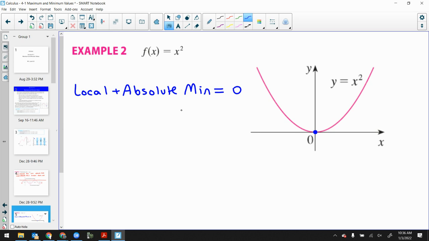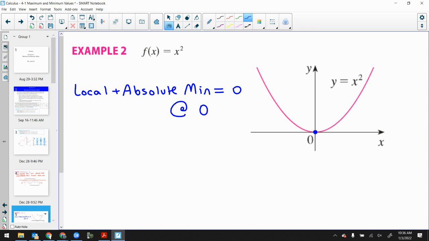And where does it occur? It occurs at 0. I said plural, but it's not plural. Just one. The local and absolute minimum value is 0, and it occurs at 0.